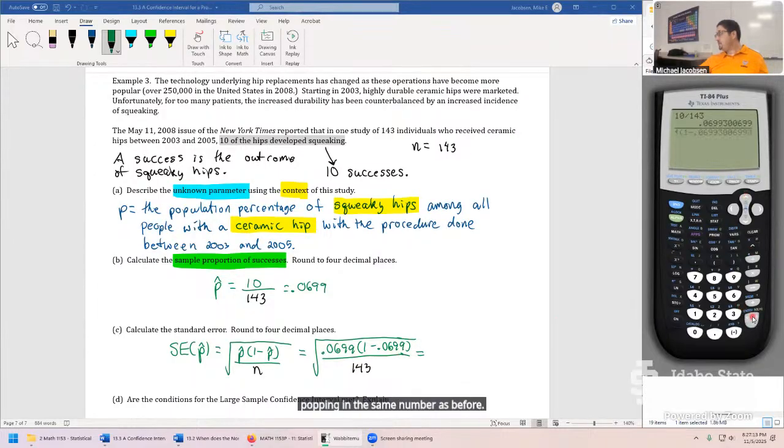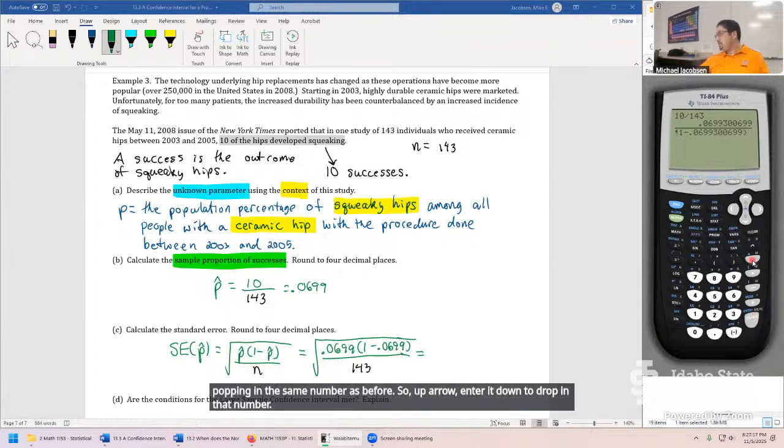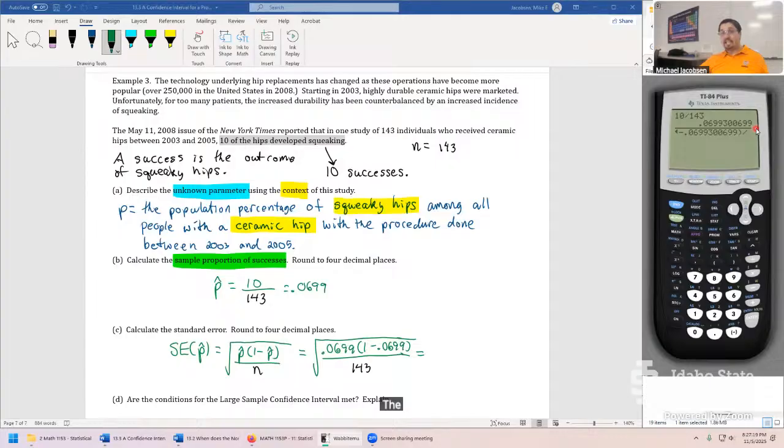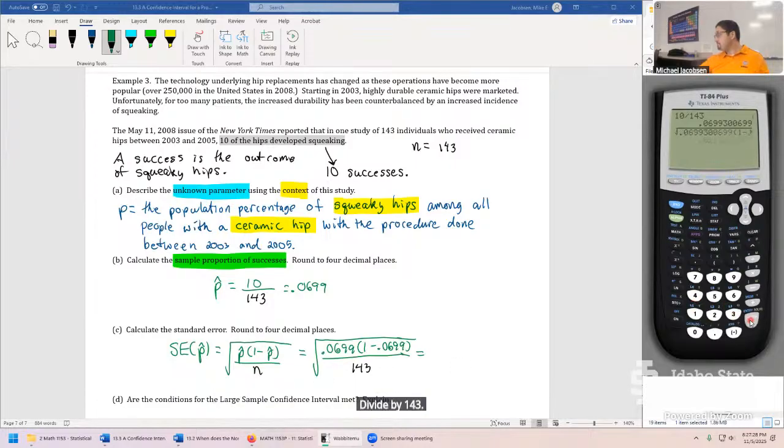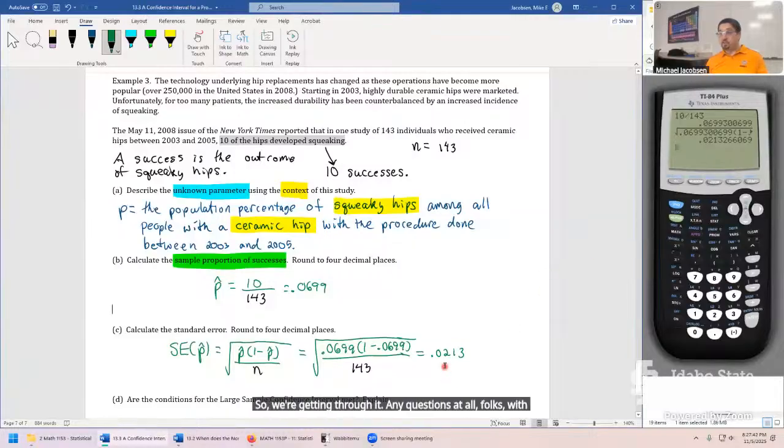So up arrow, enter it down to drop in that number. Then divide, double check when you're dividing that you're inside the square root, that this bar keeps on extending for you. Divide by 143. And that's our standard error. Also to 4 decimal places, it's 0.0213. So we're getting through it. Any questions at all, folks, with these 2 computational parts?